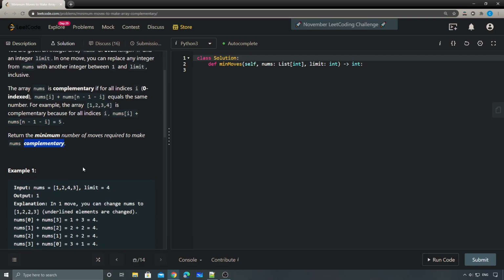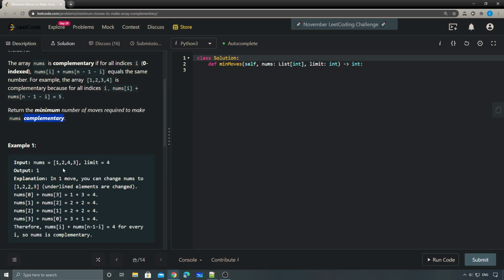So here we have some examples, right? For example, in example 1 here, 1 plus 3 equals 4, and then 2 plus 4 equals 6. So the sums we have are 4 and 6.